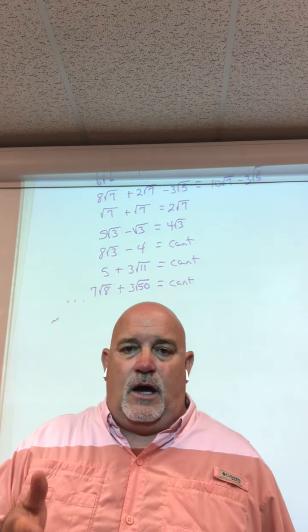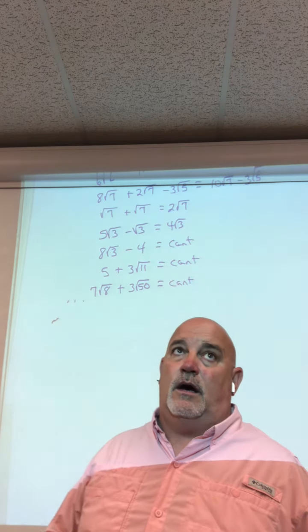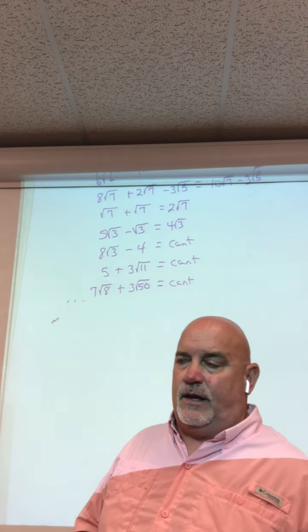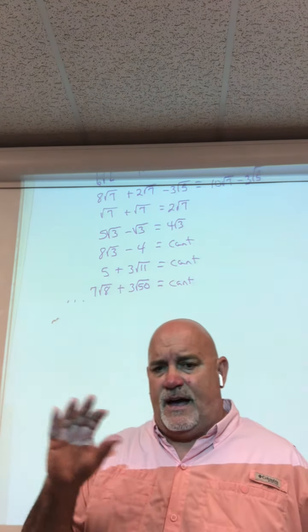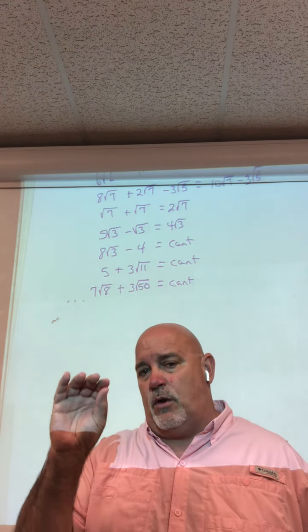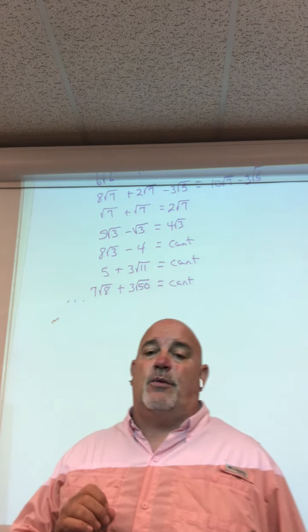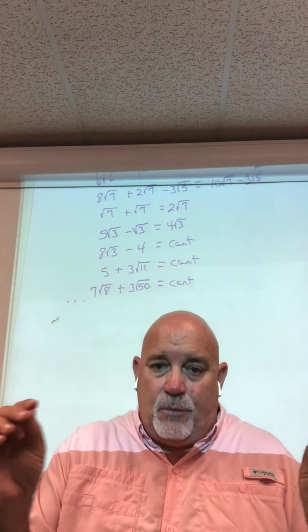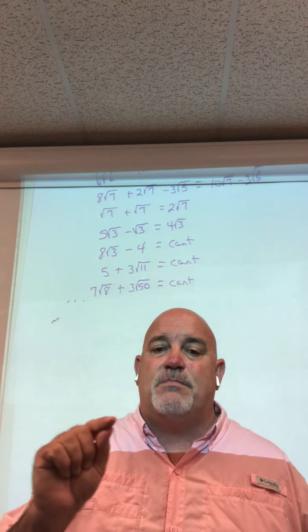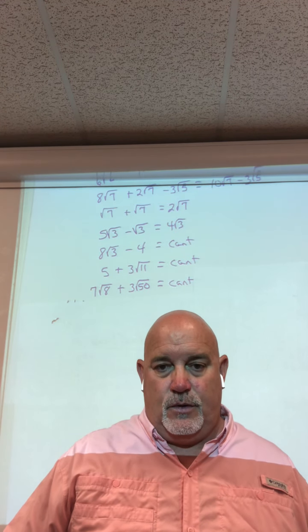Remember earlier in this chapter, sections 7.1, 7.2, 7.3, 7.5, that homework set that had 3 sections together. I taught you how to reduce a radical, and I said, whenever you write an answer, always make sure that every radical is completely reduced.